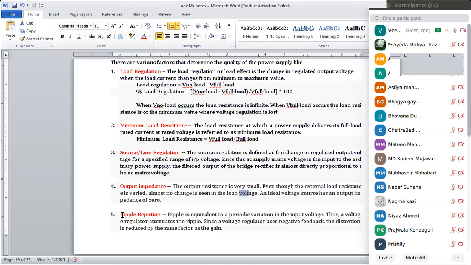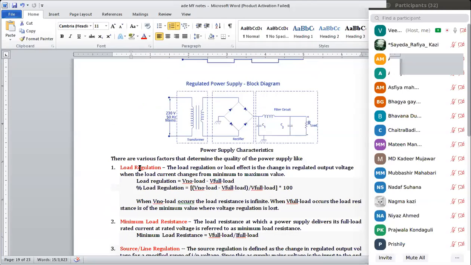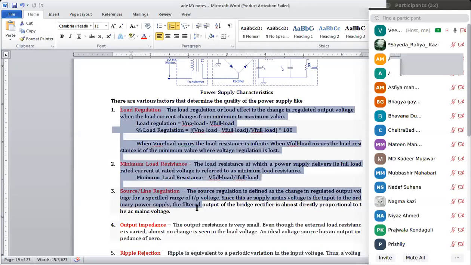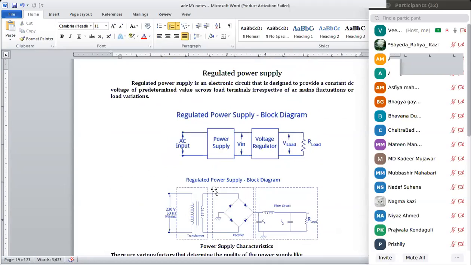And ripple rejection: whenever the input fluctuates, the regulator should attenuate the ripples. What is ripple? Ripple is a periodic variation in the input voltage. That should be attenuated by the voltage regulator. That is ripple rejection. So these simple 5 points are very important for this regulated power supply.